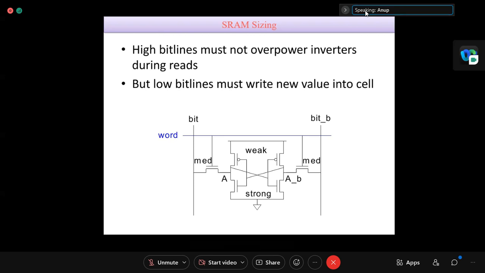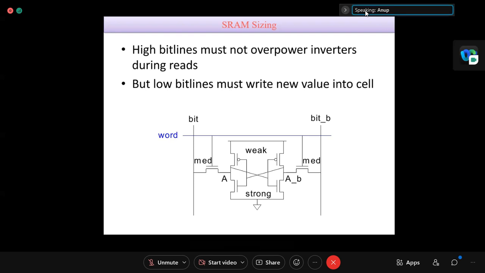What happens? Two inverters are there. In a very generic way, left side is one inverter, right side is one inverter. Apart from this, the right side upper PMOS and the left side lower NMOS are also forming one inverter.